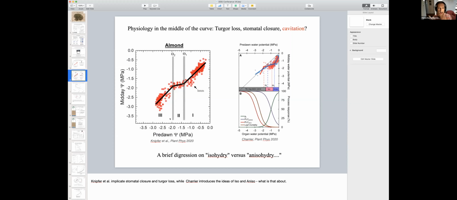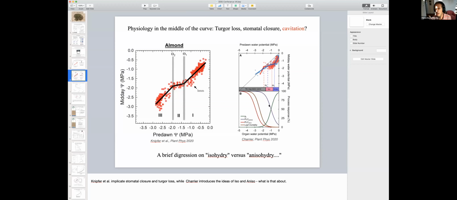Okay, so in this paper, Knipfer et al. suggest that the point where midday and pre-dawn converge is turgor loss. They fit a curve, and they argue that this break point here has to do with stomatal closure. In a commentary accompanying this article, Charrier takes a somewhat different view, and he identifies this region as anisohydric and this region as isohydric, and he shows how he expects certain physiological processes to relate to these different phases.